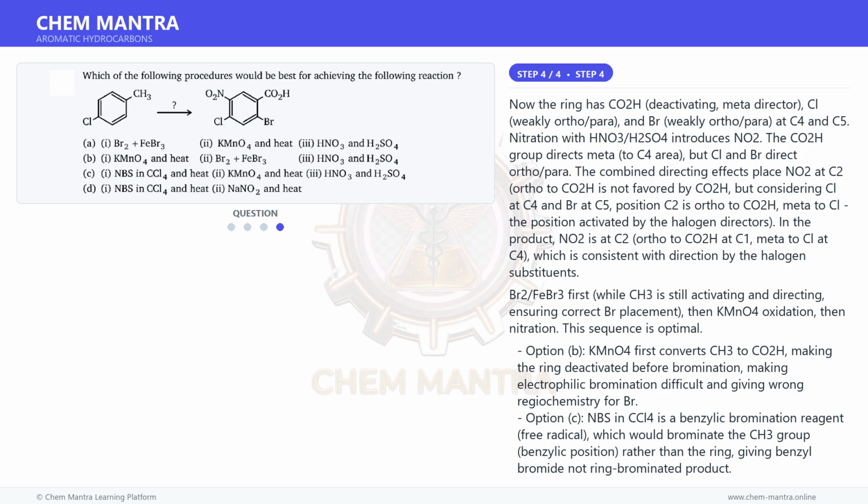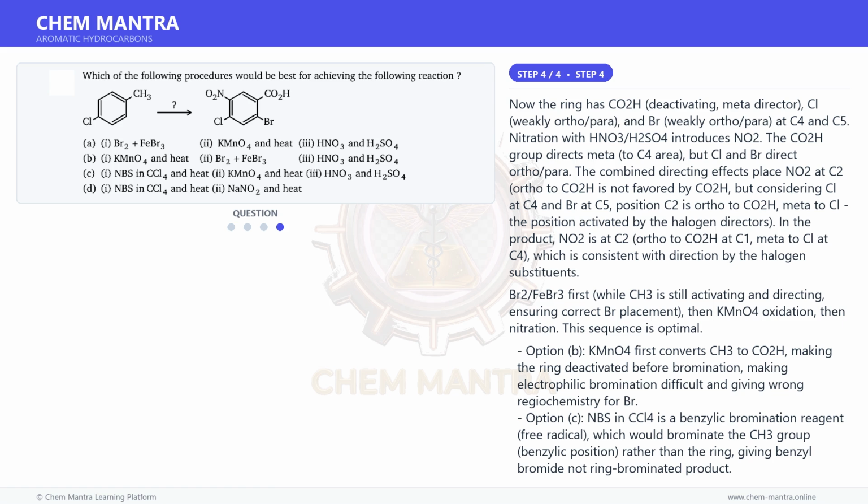Now the ring has CO2H, deactivating, meta-director, Cl, weakly ortho-para, and Br, weakly ortho-para, at C4 and C5. Nitration with HNO3/H2SO4 introduces NO2. The CO2H group directs meta, but Cl and Br direct ortho-para. The combined directing effects place NO2 at C2.